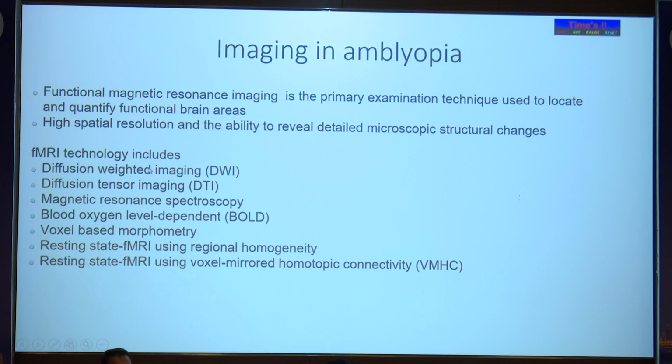Initially they used diffusion weighted imaging, then diffusion tensor imaging, and this is the sequence in which functional MRI has evolved. These are all the algorithms and techniques with which they acquire functional MRI: MR spectroscopy, blood oxygen level dependent sequencing, and voxel based morphometry. I will show you in subsequent slides how the images appear.